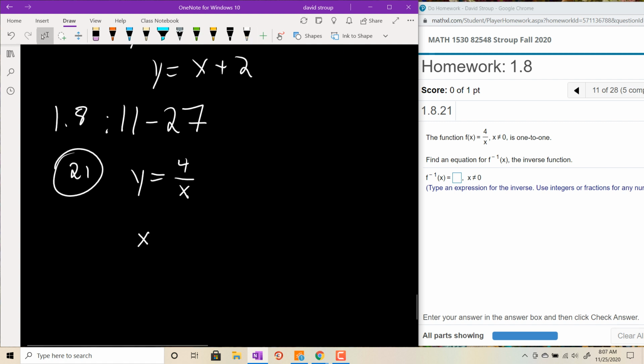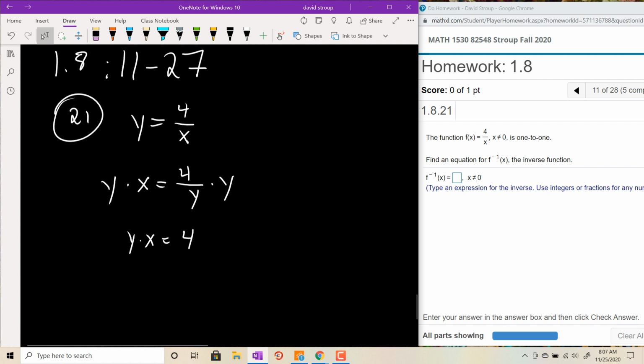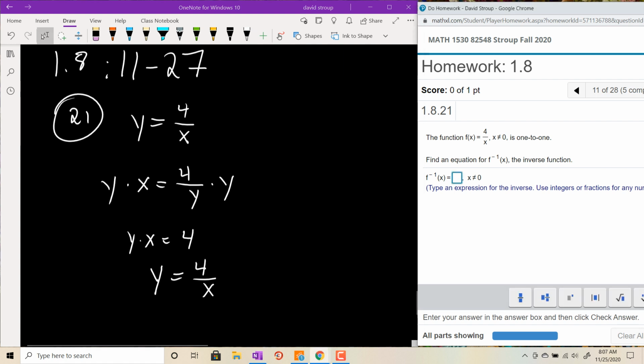So here you have x, on the other side you'll have y, and then solve for y. Okay, so you can basically multiply both sides by y. You get yx equals 4, and then divide both sides by x, assuming x is not 0, and they tell you that there. So in this case, the inverse is exactly the same as the original, 4 divided by x.